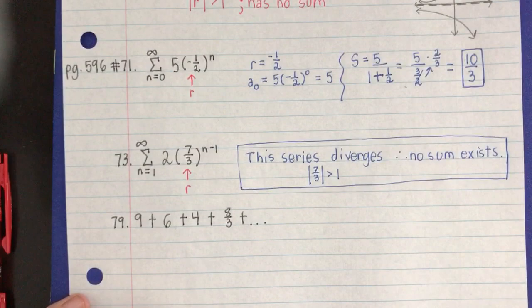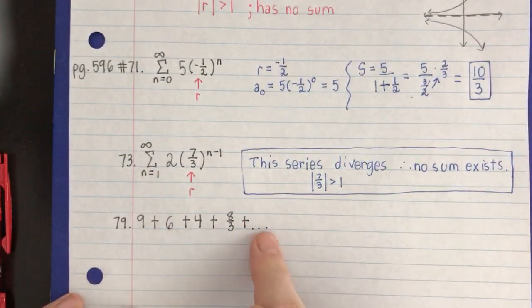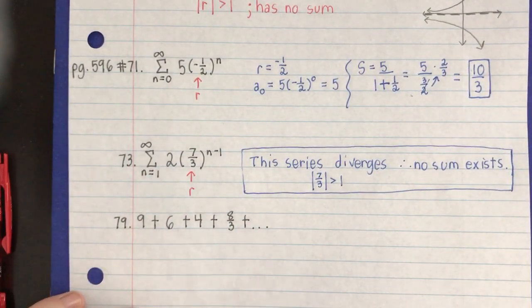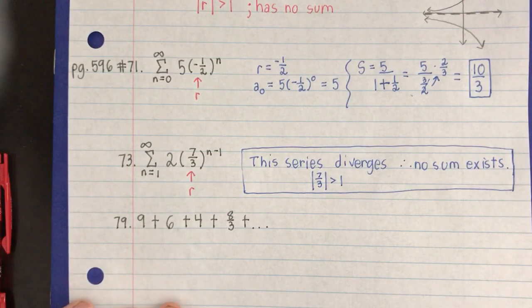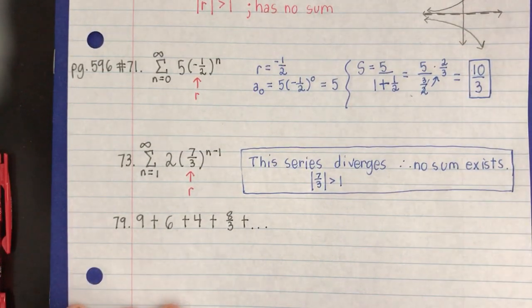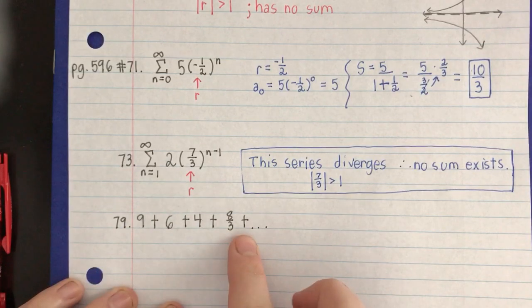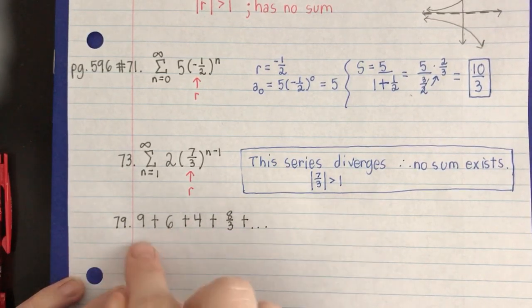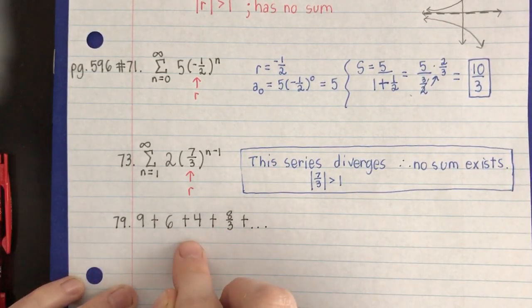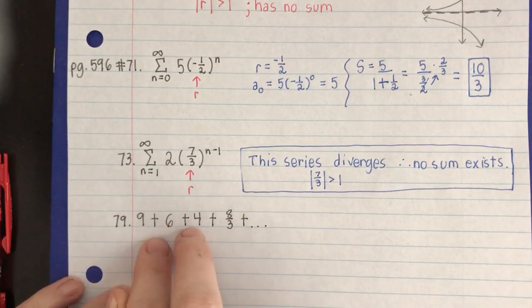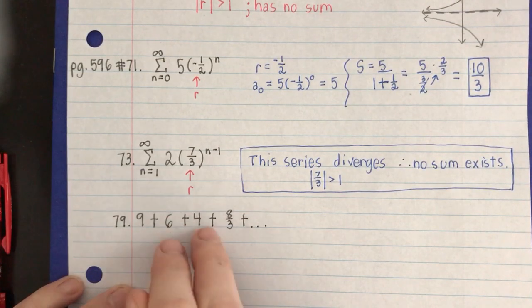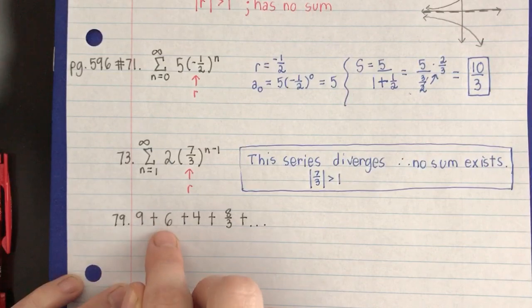Last example, 79. We weren't given sigma notation; we were given the sequence itself. So what we have to do first is find out what r is. Remember, you can take any two subsequent terms as long as it's given that this is geometric. If you're not given that it's geometric, you better test all terms and make sure it works. But we were given it's geometric, so take any two subsequent terms and divide the second by the first.